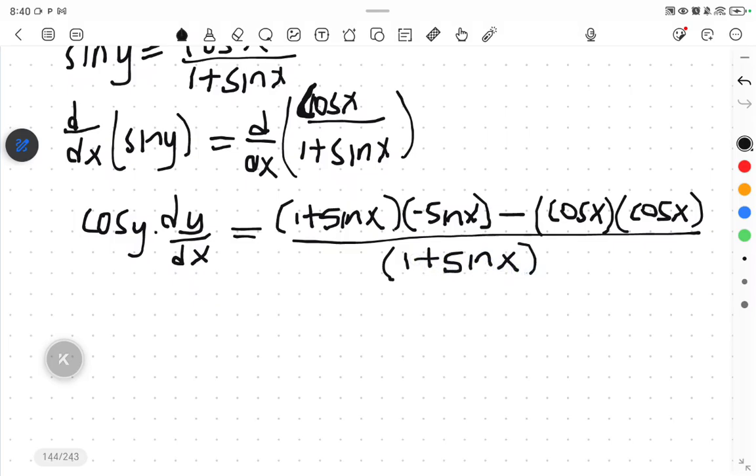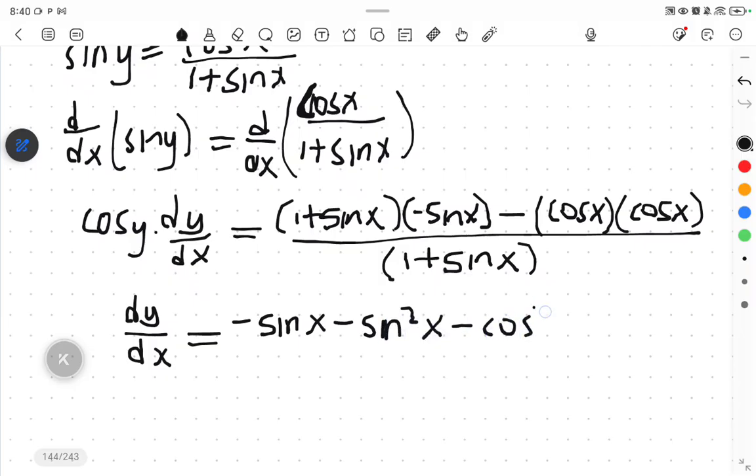So this will be dy over dx is equal to minus sine x minus sine squared x minus cos squared x, all over 1 plus sine x.